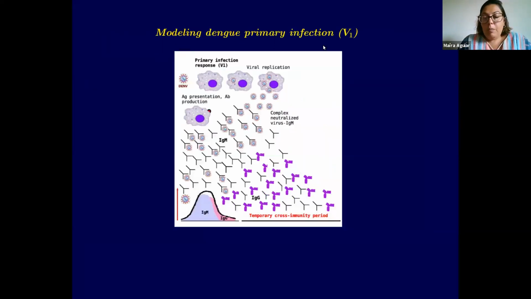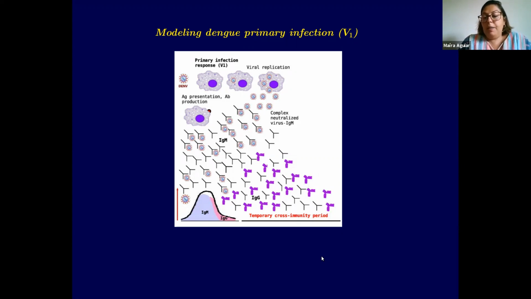Okay, so we start modeling dengue primary infection with a serotype type 1, and we see here that we have the human host being infected with the virus. This virus invades the cell, replicates, and the immunological responses start by generating this unspecific antibody IgM, which is able to bind into the virus and clear the infection, while this lifelong immunity antibody IgG is also produced, and together they lead to a temporary cross-immunity period.